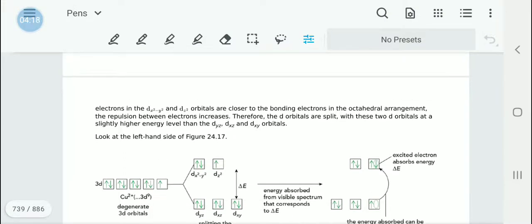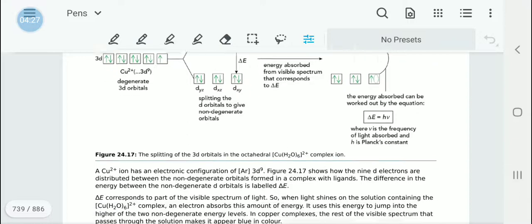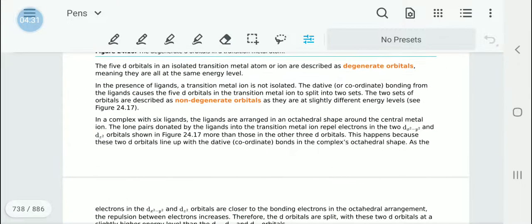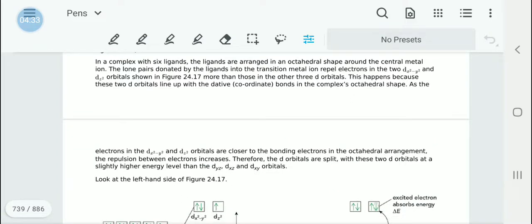There are many different repulsions that occur here. You don't actually have to know this in detail because I have never seen this part being questioned, but that doesn't mean it is not going to come. It can come.